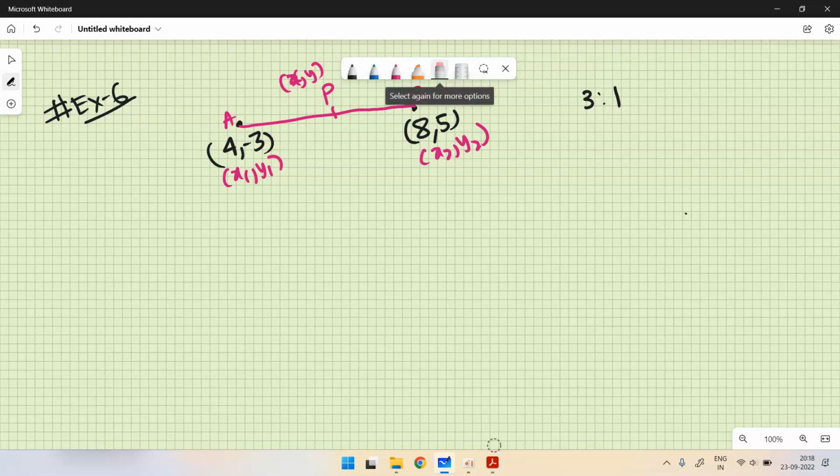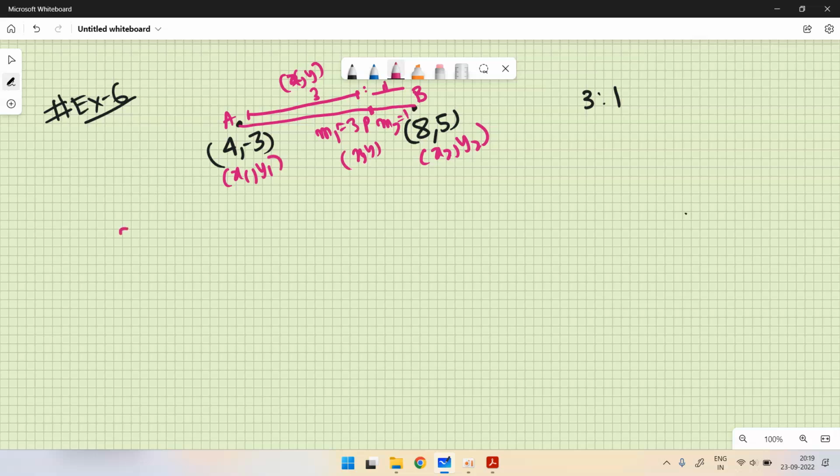Let me draw this again. It will be in the ratio 3:1, something like this. So m1 equals 3 and m2 equals 1, and this is point P whose coordinate is (x, y).